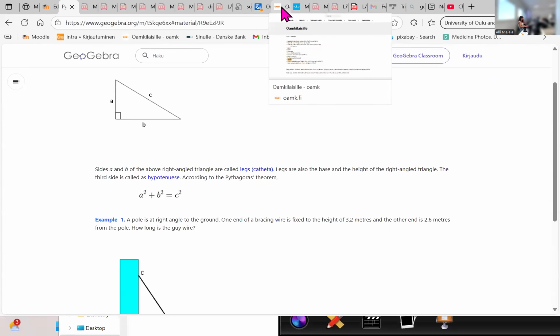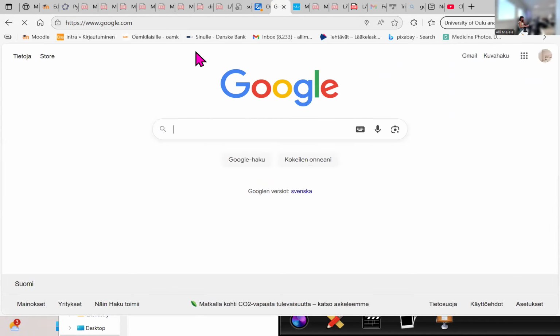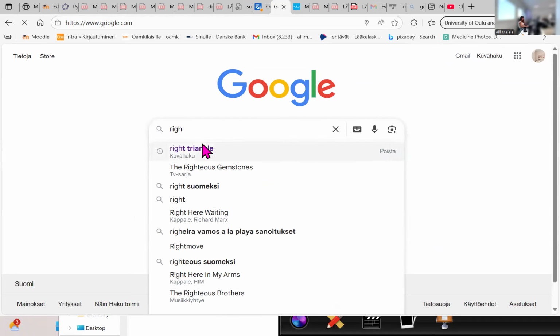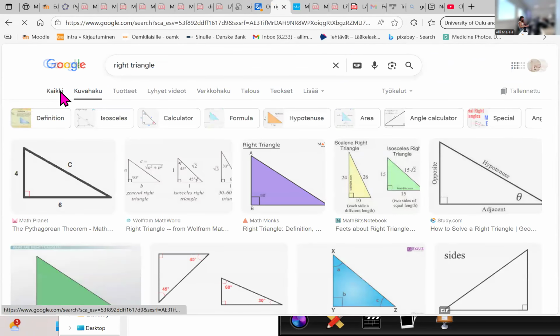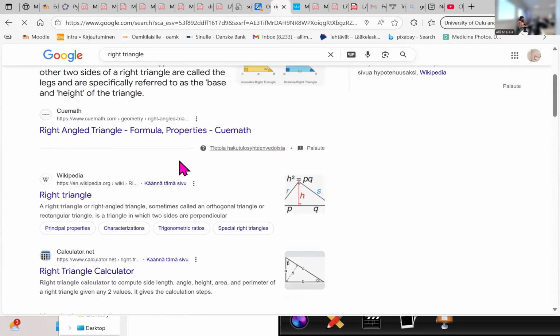We can quickly look at it. If I put it there, right triangle. Maybe not, but everything here.